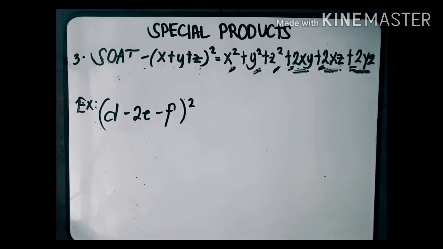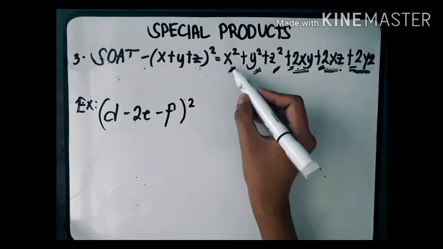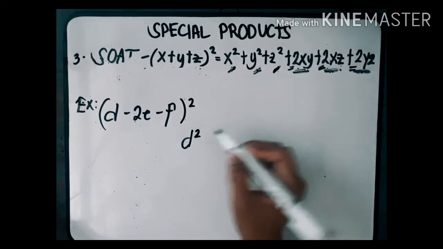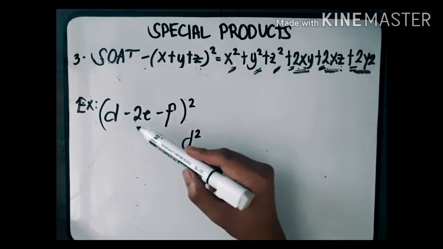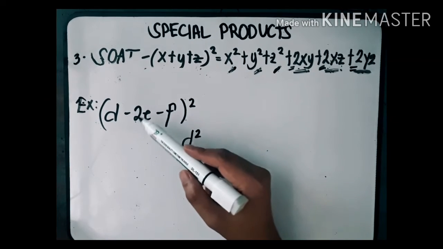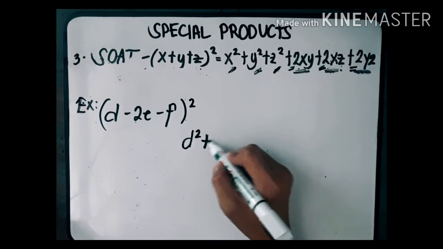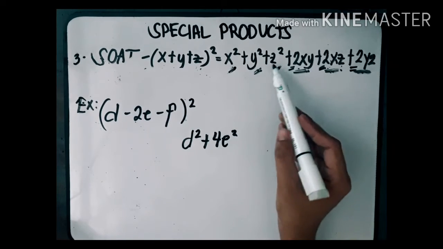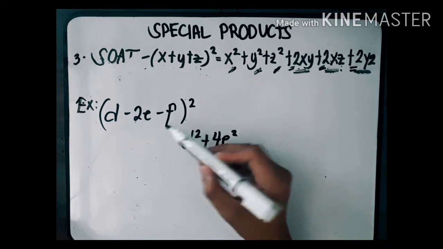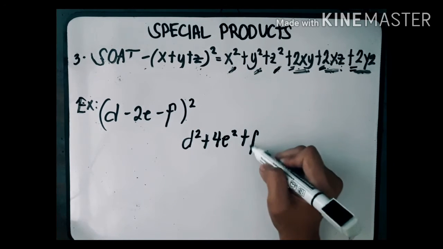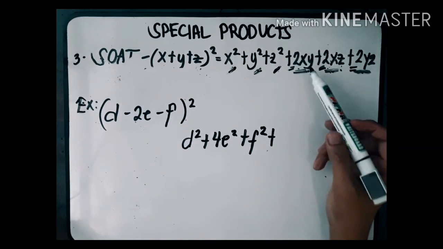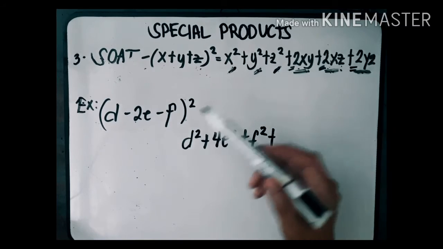Next is d minus 2e minus f raised to 2. So, again, square of the first term, square of d is d squared. And the square of the second term, which is negative 2e, is positive 4e squared. And the square of the third term, which is negative f, is positive f squared, plus twice the product of the first and second term.